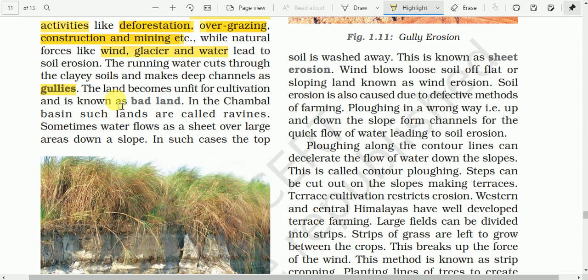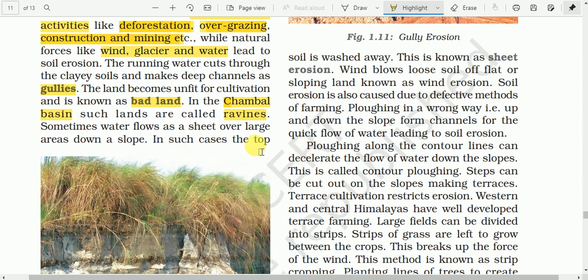The land becomes unfit for cultivation and is known as bad land. In the Chambal basin, such lands are called ravines, and sometimes the water flows as a sheet over large areas down a slope.